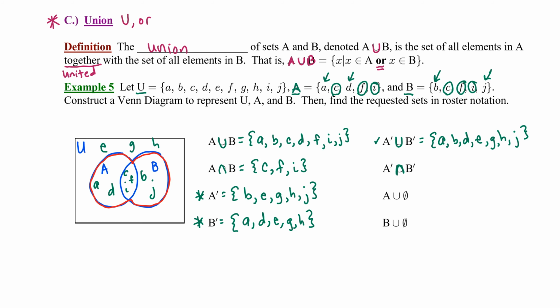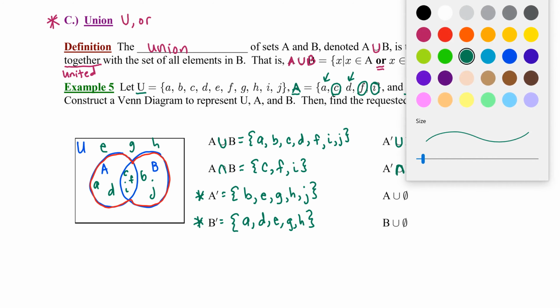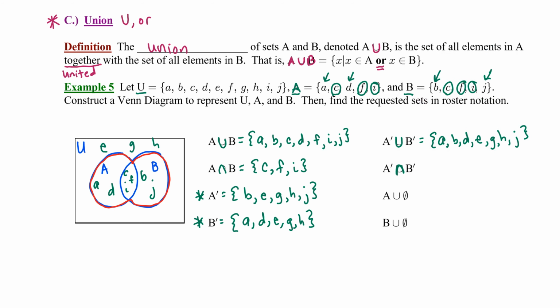Remember, A complement union B complement, I just joined those two sets together to form a bigger set. For A complement intersect B complement, I'm trying to figure out what those two sets have in common. So I'm going to glance over the two sets that we have listed already in roster notation, and I'm going to identify what their common elements are.